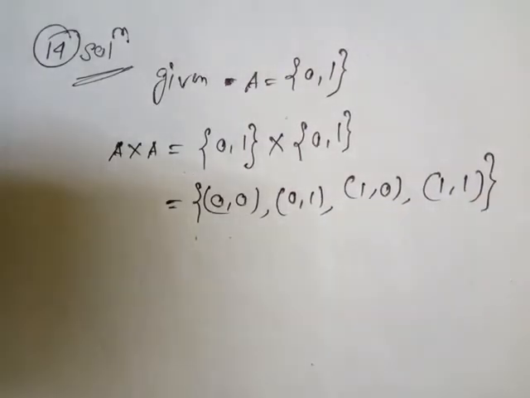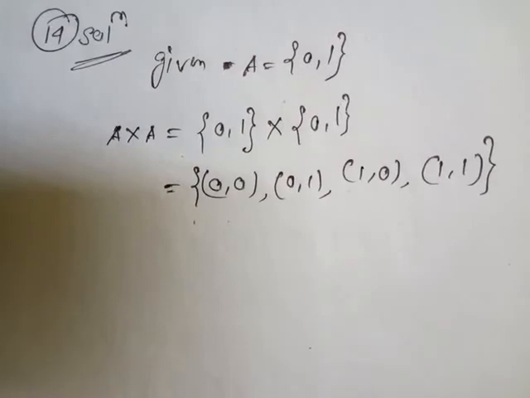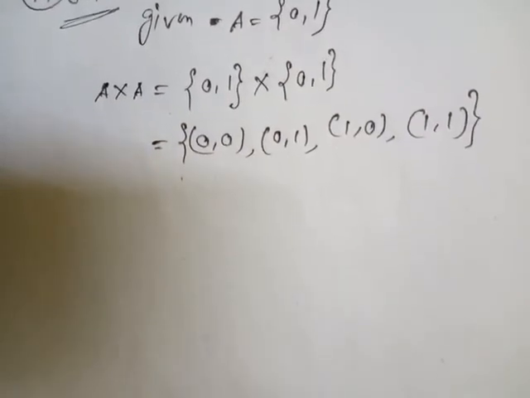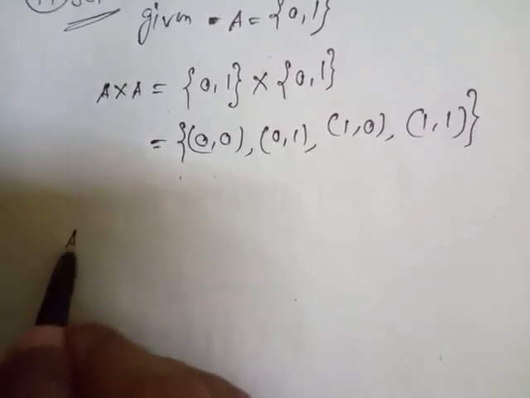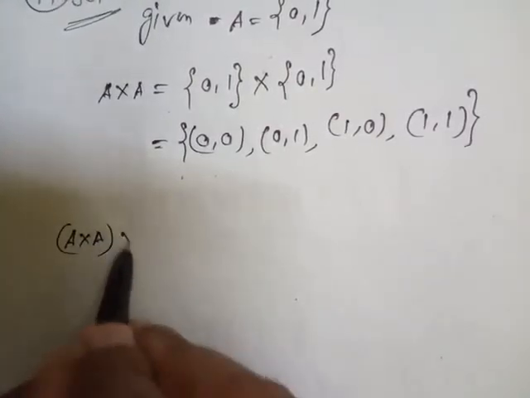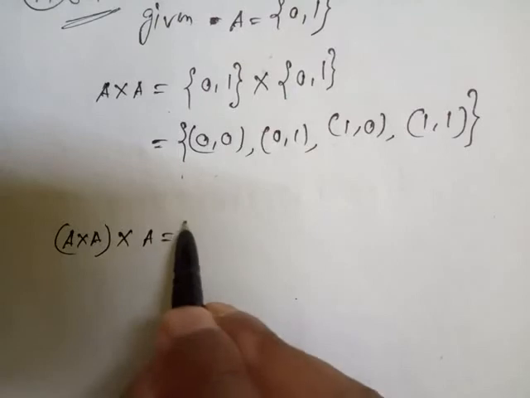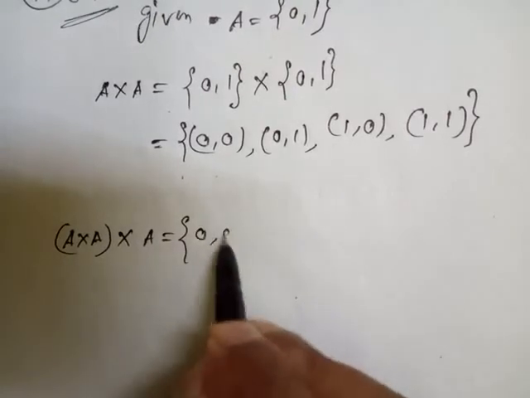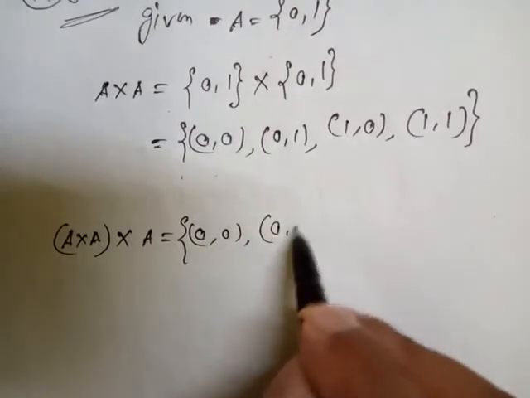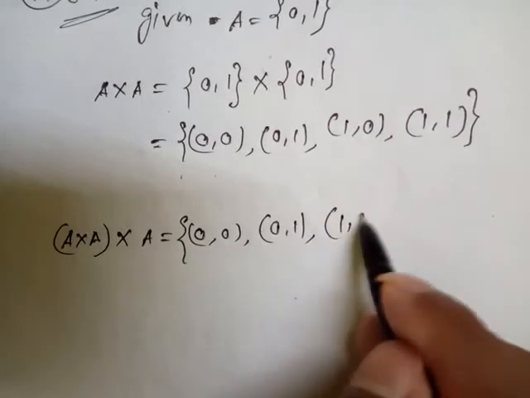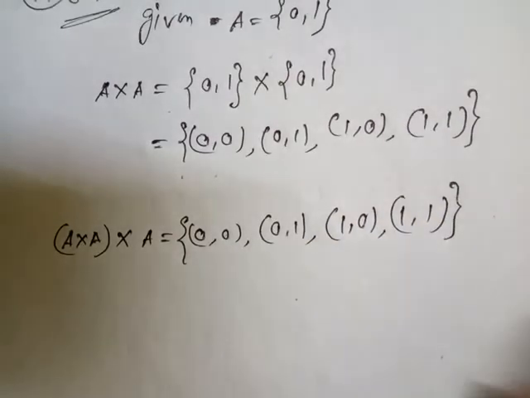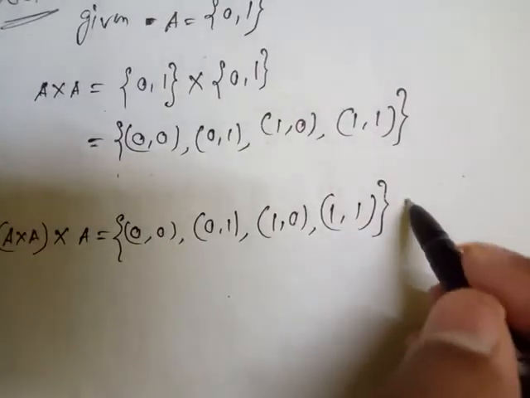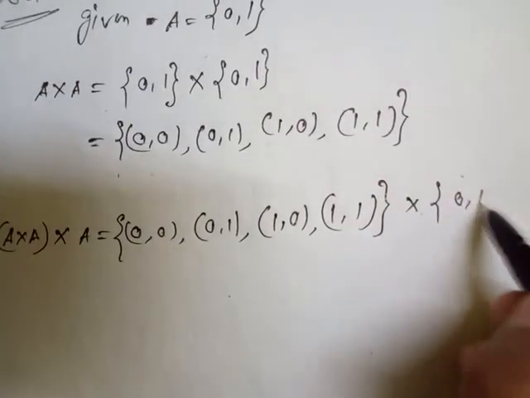This is A product A only. Now with this value we are going to multiply the further product of A again. So A product A value is 0 comma 0, then 0 comma 1, then 1 comma 0, then 1 comma 1. With this we are going to take the product with 0 comma 1.